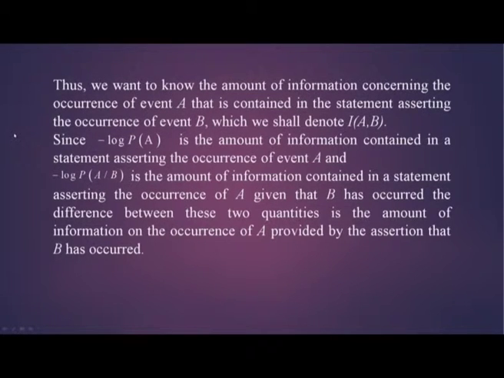Since minus log probability of A is the amount of information contained in a statement asserting the occurrence of event A, and minus log probability of A given B is the amount of information contained in a statement asserting the occurrence of A given that B has occurred, the difference between these two quantities is the amount of information on the occurrence of A provided by the assertion that B has occurred.